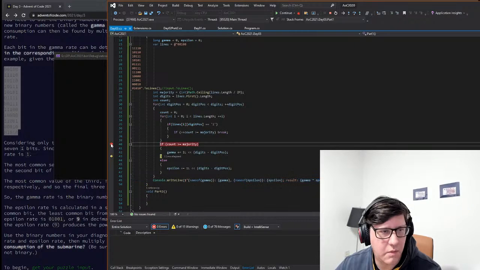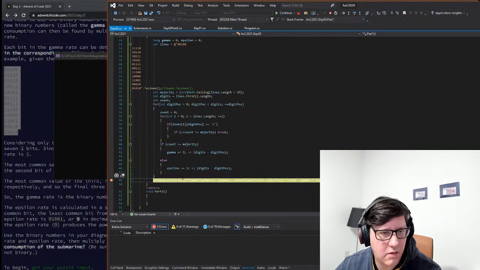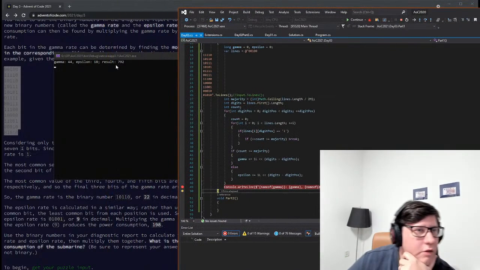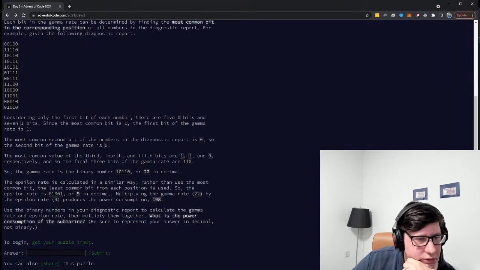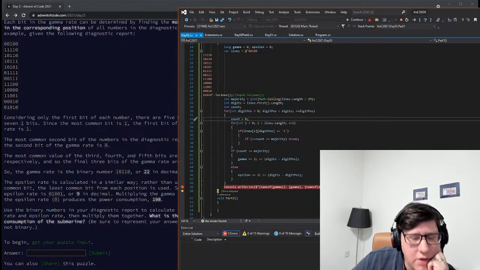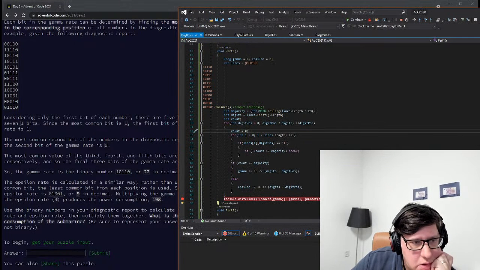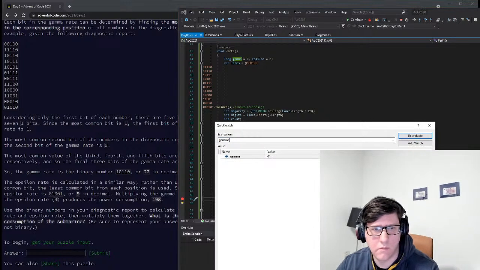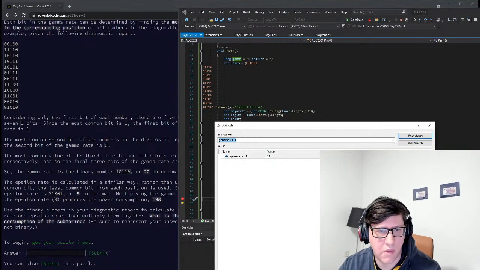So let's just see what it returns here. We get 44 and 18, and they have 22 and 9. So I'm shifting it one too many maybe. Let me see. Yeah, I'm shifting it over one too many.